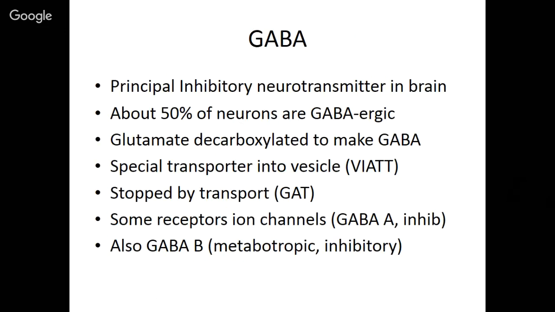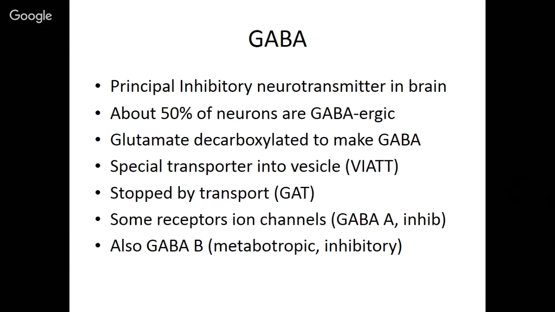A principal inhibitory neurotransmitter in the brain, about 50%, I thought it was more than that actually, but 50% of neurons are GABAergic. I guess glycine is also inhibitory. Glutamate is decarboxylated to make GABA. So the same molecule that is excitatory is actually reused to make GABA. This is pretty efficient stuff.